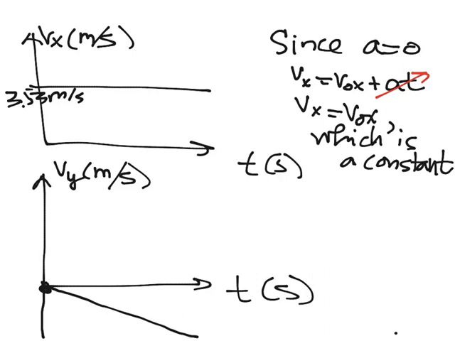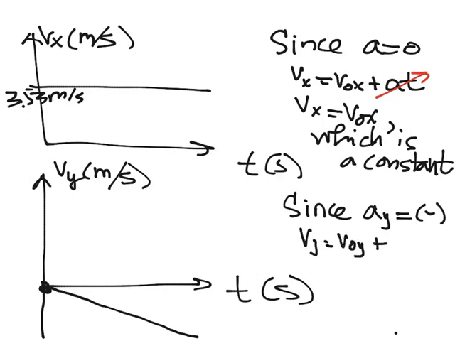Okay, so since ay is negative, Vy equals v naught y plus ay t. Our v naught y is going to go away, and Vy equals ay t.